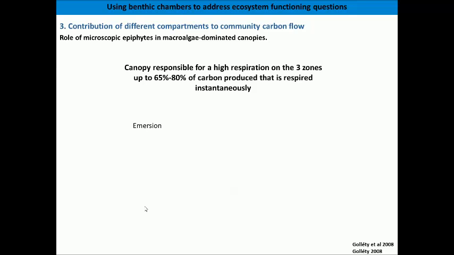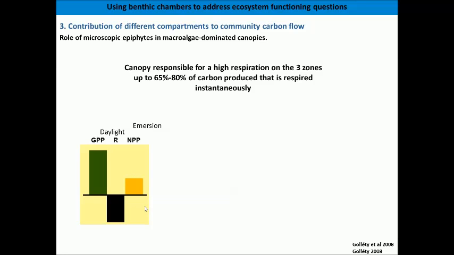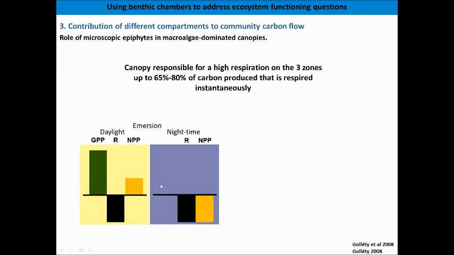At low tide, when we performed our measurements, under light, we measured high gross primary productivity with a relatively high respiration, thus ending with a positive, relatively small net primary productivity. Under darkness, there is no gross primary productivity, but a high respiration resulting in a high negative net primary productivity. So over a 12-hour cycle at low tide, you're likely to have a negative net primary productivity.